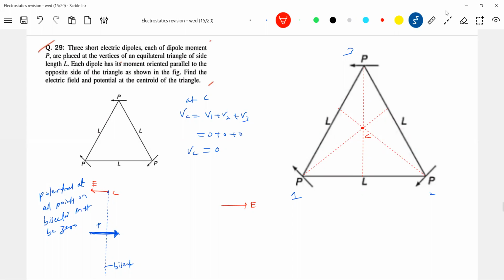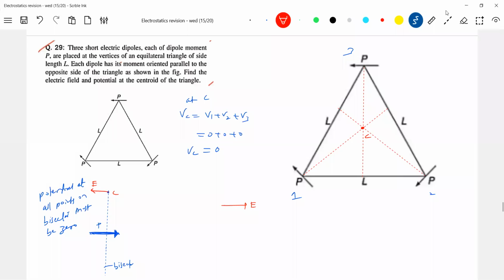And if you take the top one and the bottom two, they are in a continuous way. Oh. Potential will be 0. There won't be a problem.